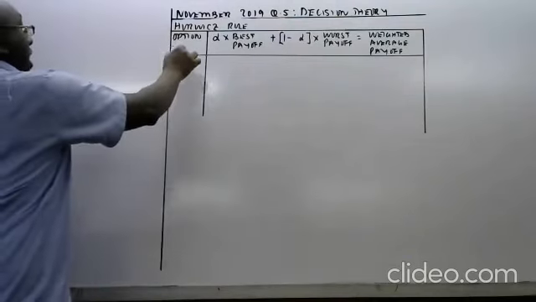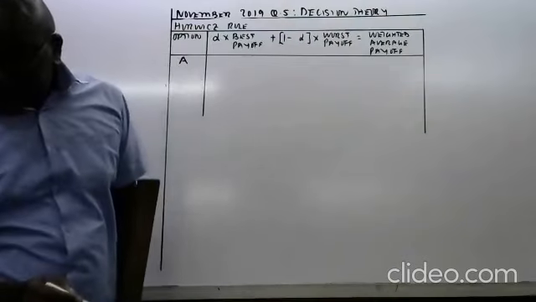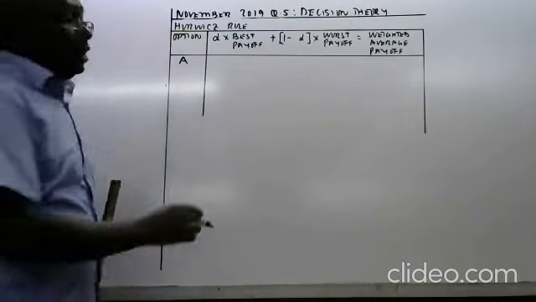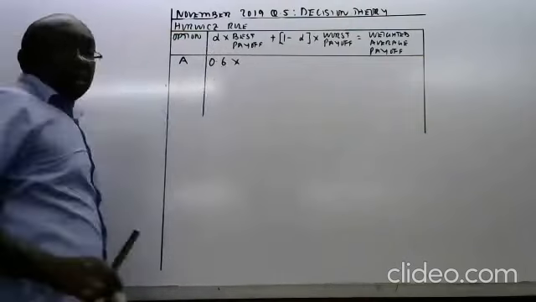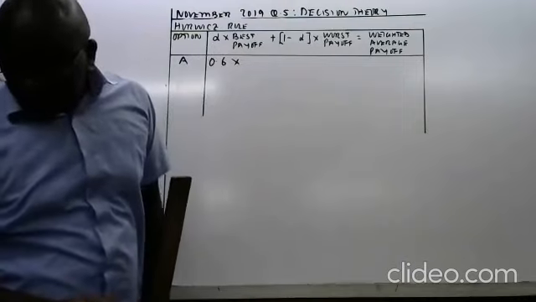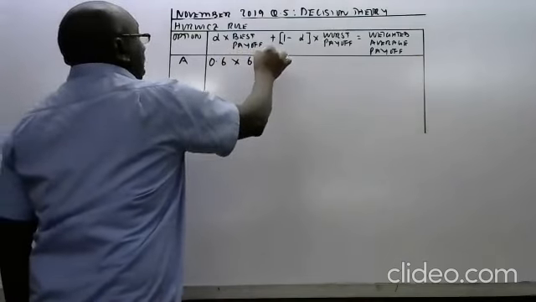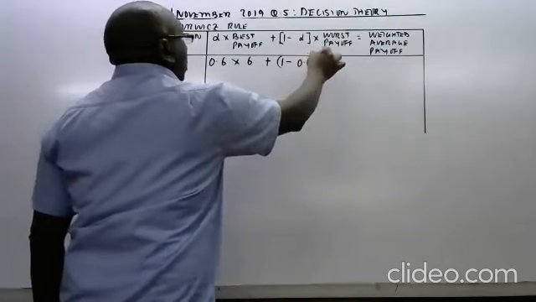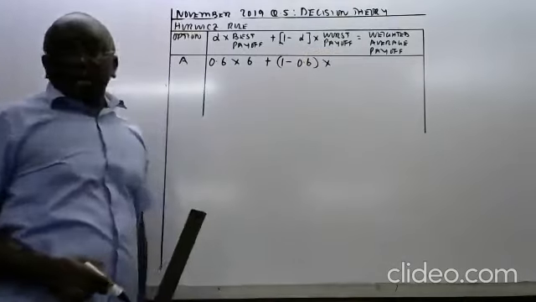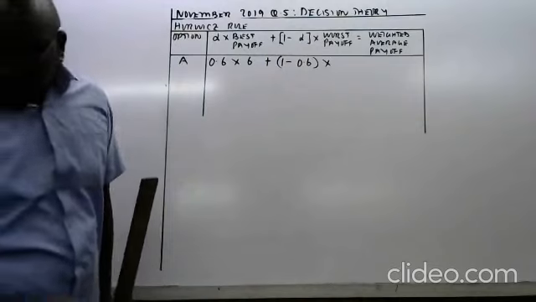When you go to A, alpha we are told is 0.6. The best payoff in A is 6, plus 1 minus 0.6 multiplied by the worst payoff, which is minus 12.